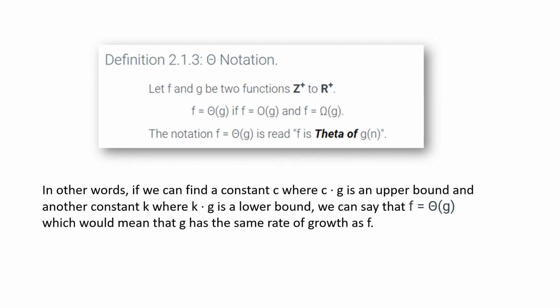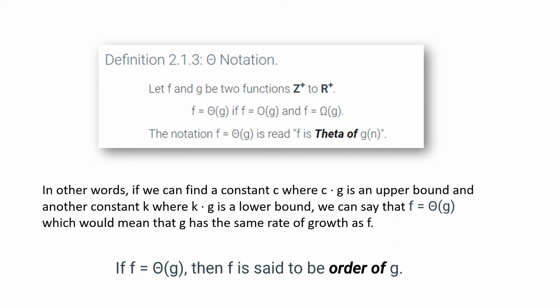And so this is what we've done right here. Notice these are two different constants. We found one constant so that the multiple of g was an upper bound, and another constant so that the multiple of g was a lower bound. And because of that, we say they must be shaped similarly. So we're going to say that f is theta of g.